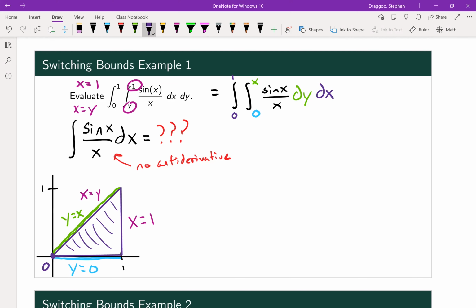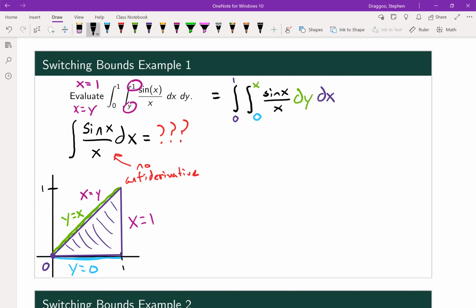So integrate x from 0 to 1, but only after we integrate y from 0 to x. Then let's also move that red text out of the way so I have a little bit more space for this integral. It also came up into the border, which is going to make that hard to read.